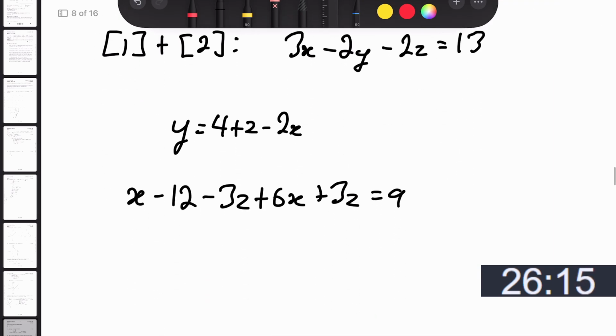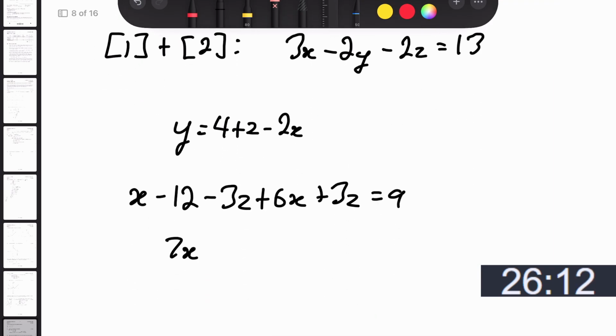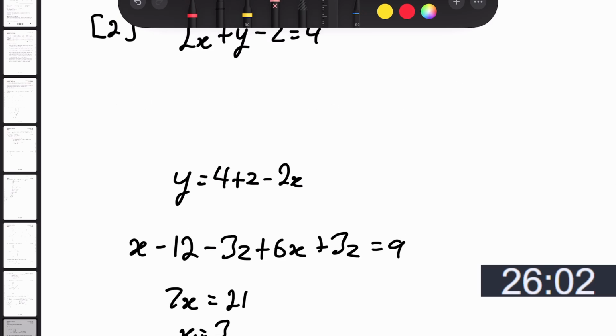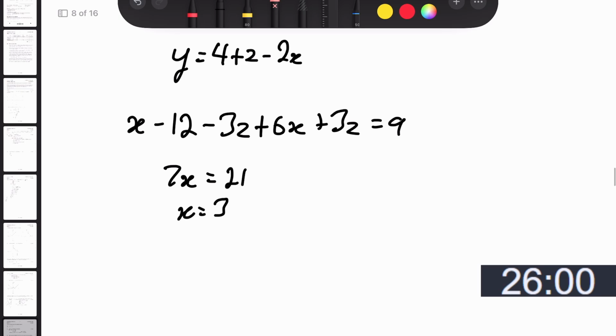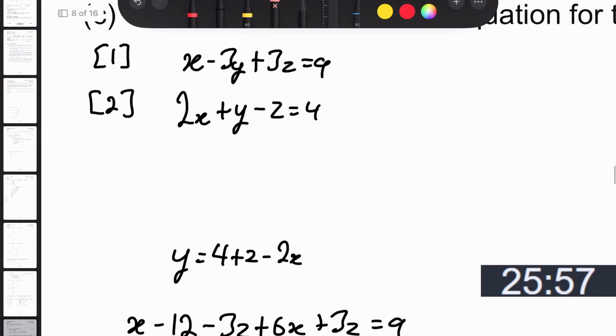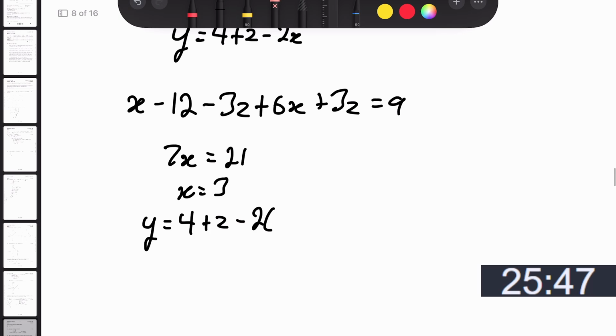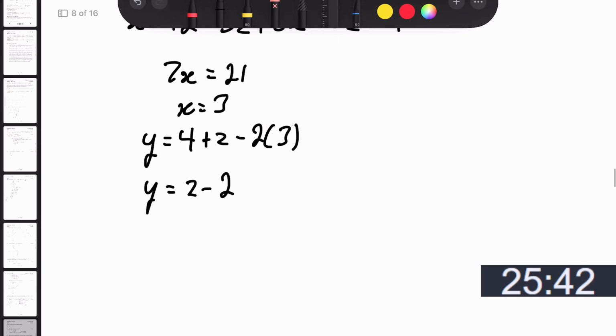Then I'm going to get 7x, the 3z's are going to cancel, it's going to be equal to 21, so x is going to be equal to 3. Okay, nice. So x is equal to 3, so then y is equal to 4 plus z minus 2 times 3. So y is equal to z minus 2. And we'll say let z equal, I don't know, k.